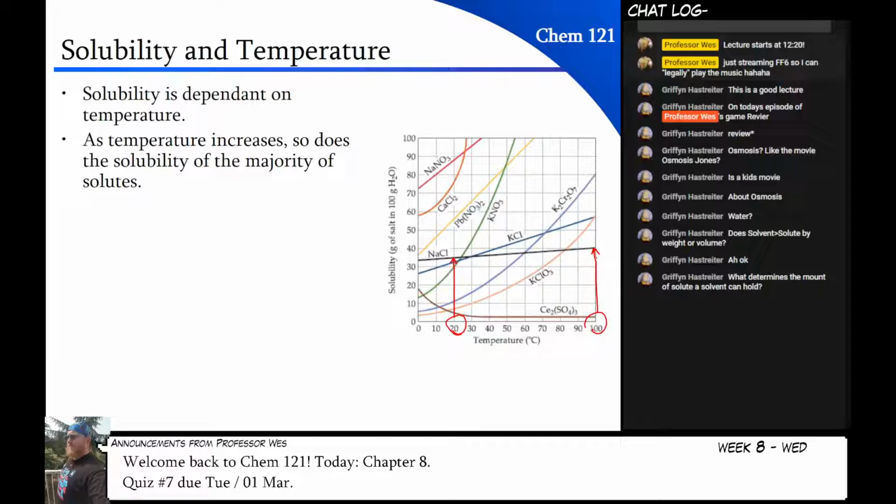Other substances become much more soluble at high temperatures, whereas that cerium sulfate I have down at the bottom becomes less soluble, and that's for thermodynamics reasons that we'll discuss never, actually. That's not this class, that's Chem 162, so if you change your major and want to become an engineer, because chemistry is so fun, and you go and take 161 and 162, we'll talk about it then.